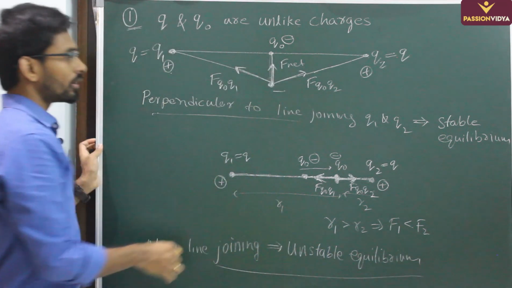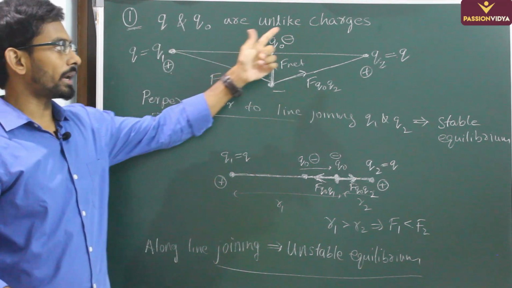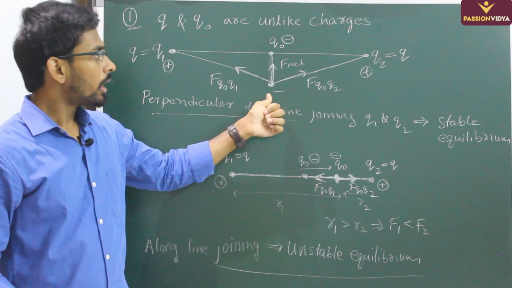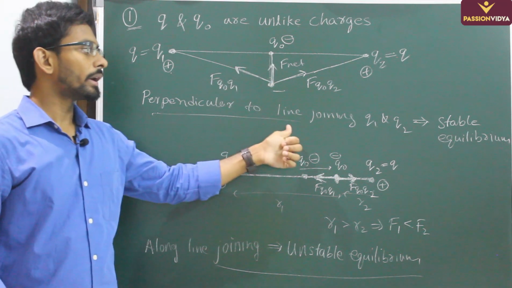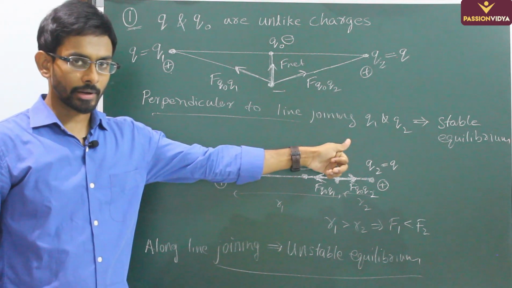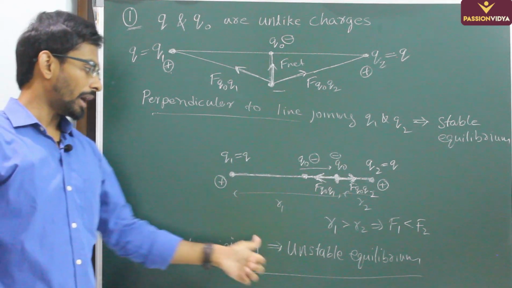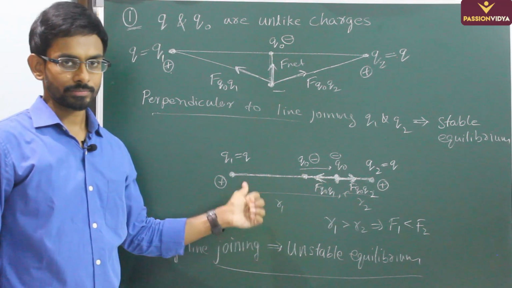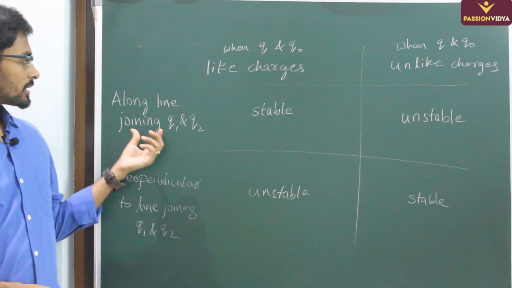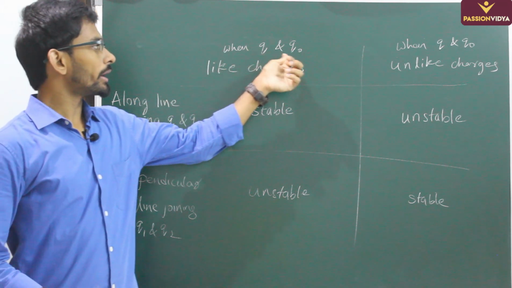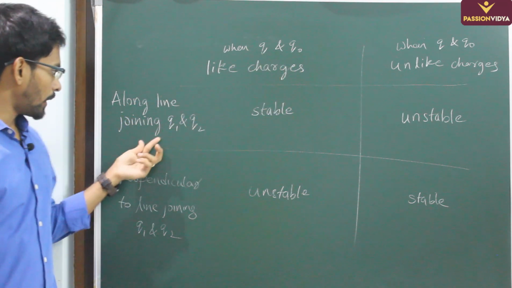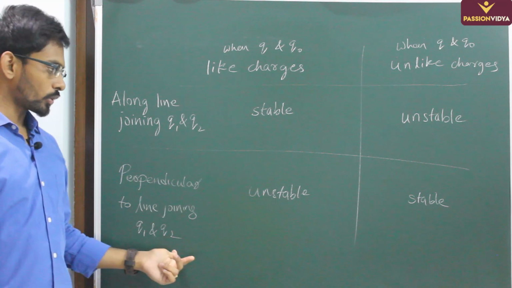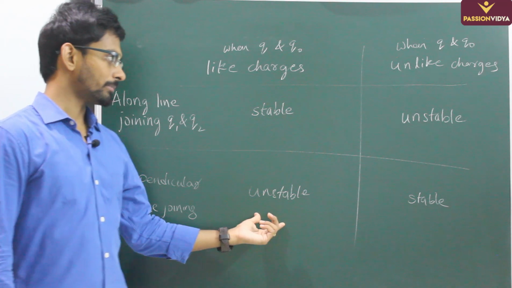So in case q and q naught are unlike charges, when you displace the particle perpendicular to the line joining, then it will be stable equilibrium, and it will be unstable equilibrium along the line joining the two charges. So we have discussed that when q and q naught are like charges, along the line joining q1 and q2 it is stable equilibrium, and perpendicular to the line joining q1 and q2 it is unstable equilibrium.